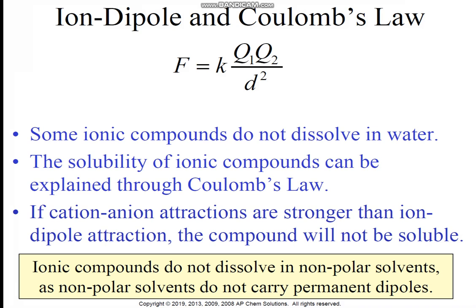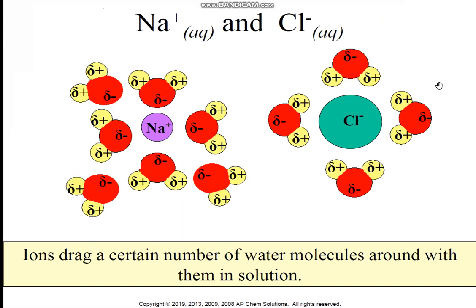For some ionic compounds, if the cation-anion attractions are stronger than the ion-dipole attraction, then the compound is not going to be soluble. Earlier, when we were looking at our sodium and our chlorine, our chlorine is more attracted to the positive hydrogens, and our sodium is more attracted to the negative oxygens than the sodium is attracted to the chlorine.